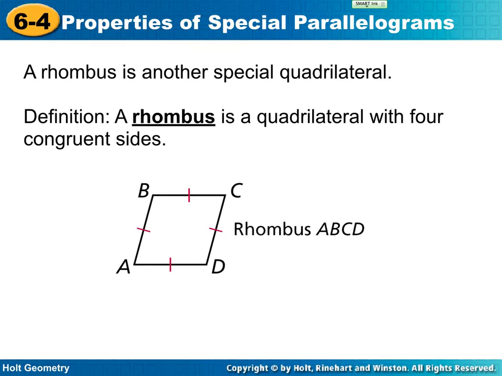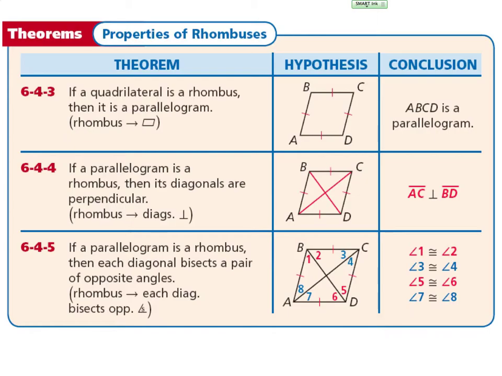Okay, ready for the theorems? Here are the 3 theorems related to rhombus. 6.4.4 is talking about the diagonals of a rhombus being perpendicular. The next one talks about the diagonals bisecting angles. So maybe we would call 6.4.4 the rhombus perpendicular diagonals theorem. I'm pretty much just saying what the theorem says.